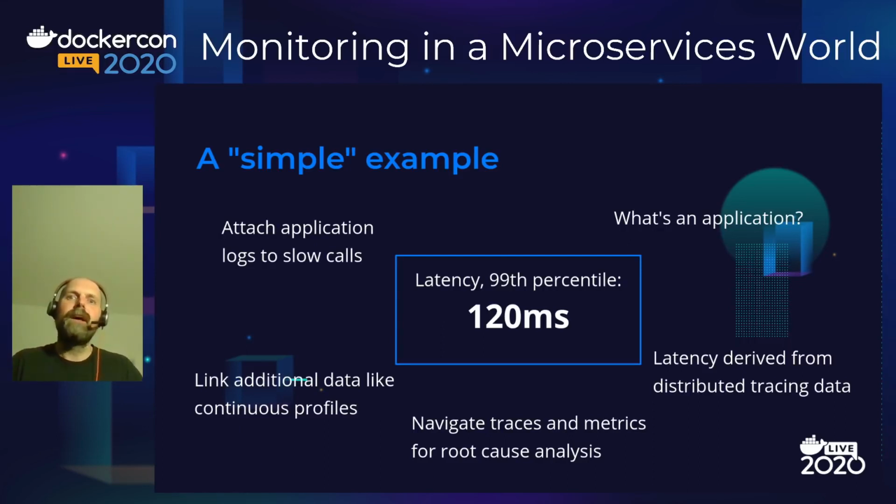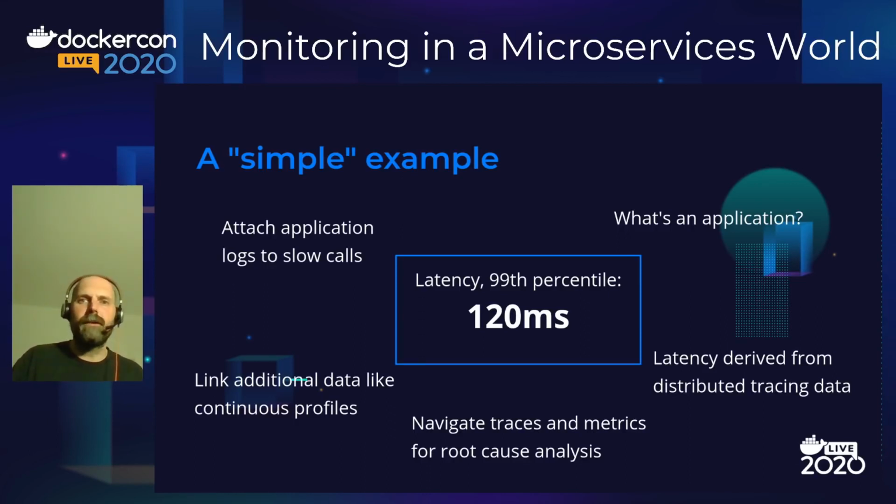And the question is, how do you actually get the data? How do you get the latency data of your services? I introduced to you metrics and traces as kind of two independent entities. And of course, 99th percentile of latency is a typical example for a metric. But if you look at it, the data that you need to come up with that is all contained in the tracing data.